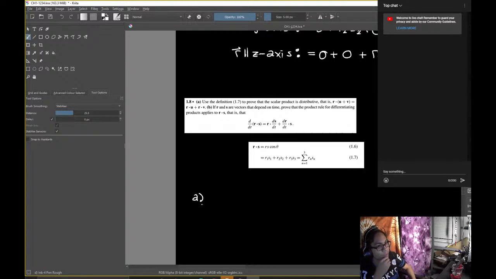Use the definition 1.7 to prove that the scalar product is distributive. That is, okay, prove r dot (u plus v). These are all vectors.